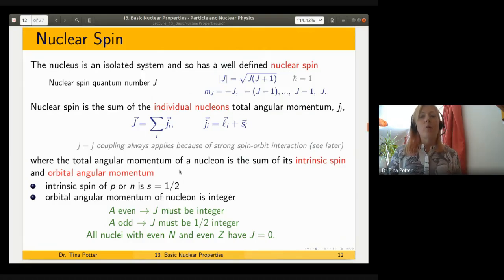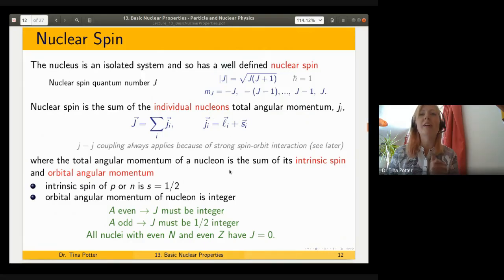Right, so what we need to understand is that the spin of these protons and neutrons is always going to be a half. They are fermions, so that's pretty easy. And then the orbital angular momentum, now that's definitely an integer, we know that. So how do we understand what the overall spin of our nucleus is? It depends on the protons and neutrons that we have.